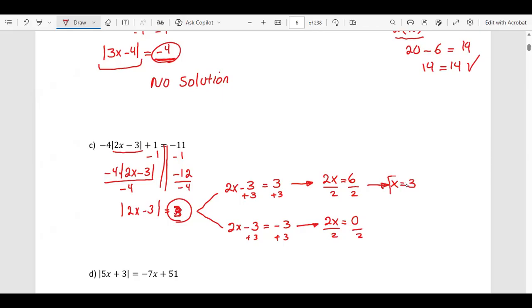So x must be 3, and x must be 0 divided by 2, which is 0. And you can also go back and plug in the x with 3 or 0 and check your solutions.